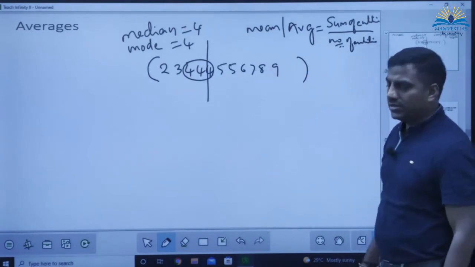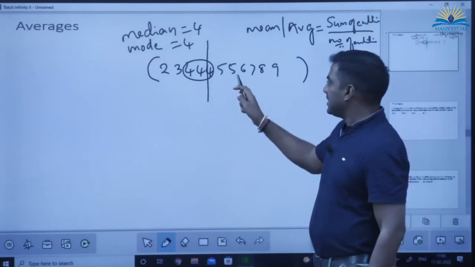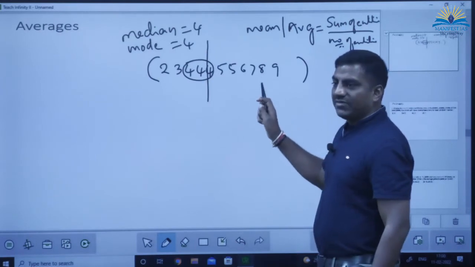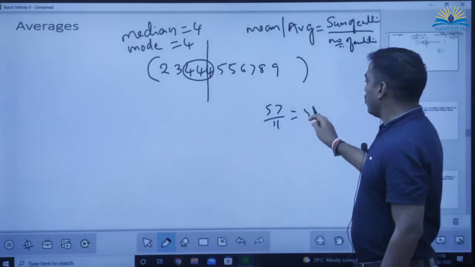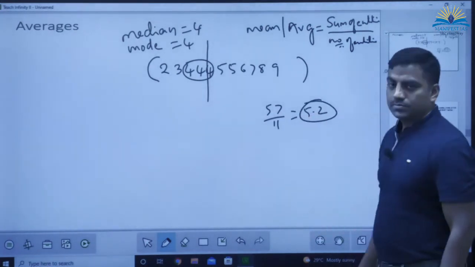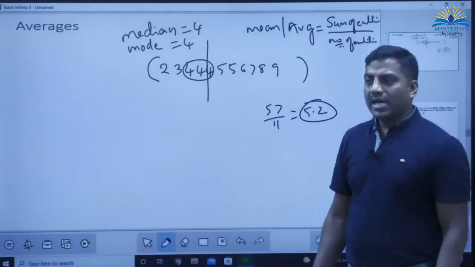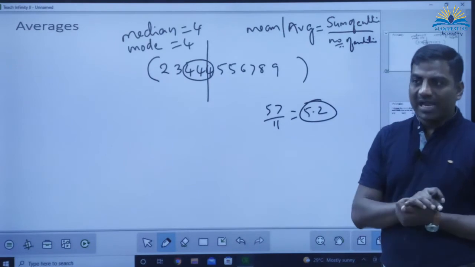Calculate the sum of these. 2, 3, 5 plus 12, 17 plus 5, 22, 27 plus 6, 33 plus 7, 40, 48, 57. 57 divided by 11. So somewhere close to 5.2. Mathematically this is most accurate if you go by their values.